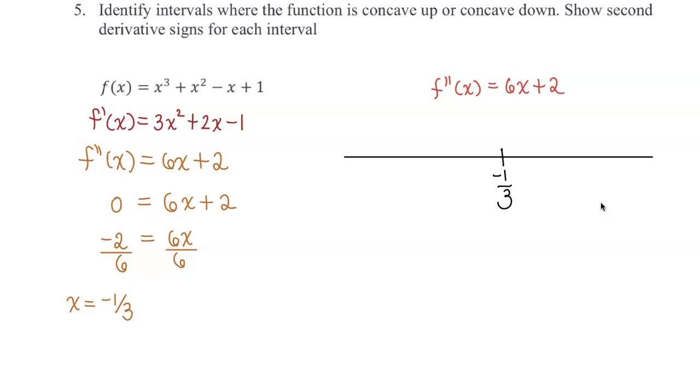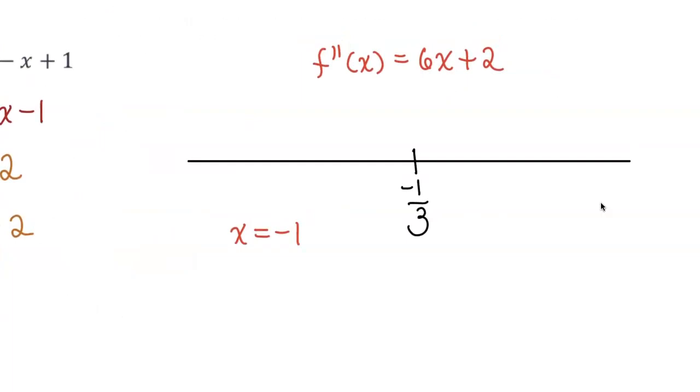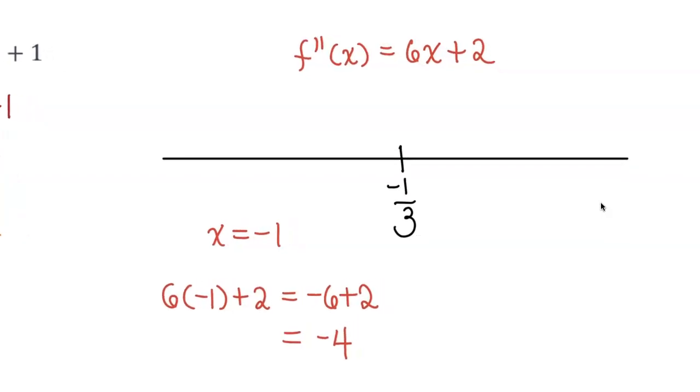So if you plug in x equals -1, let's see what we get. That will be 6 times -1 plus 2. That is -6 plus 2. Well, look, that's a negative number. So when that second derivative is negative, we're looking at an interval that is concave down.